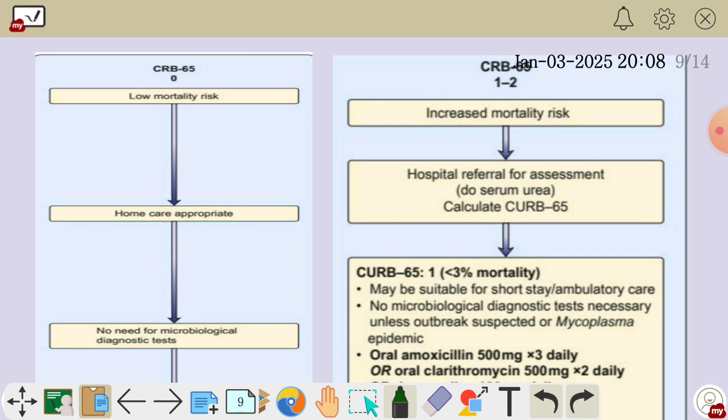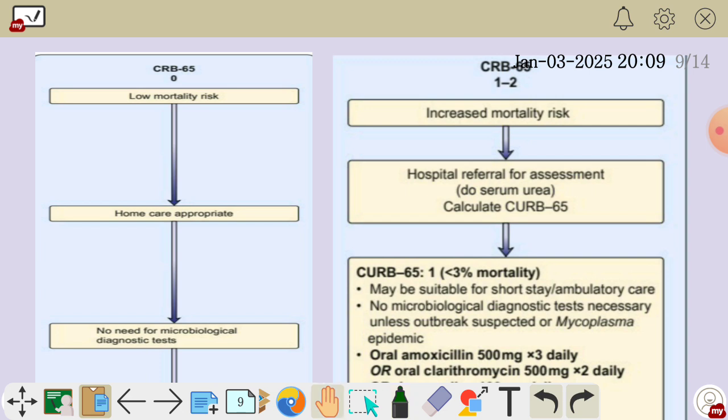So if the CURB-65 score is 0, then we should know that the mortality risk is low, and you treat the patient at home. So home care is appropriate. And then we do not need to do microbiological diagnostic tests if the score is 0.